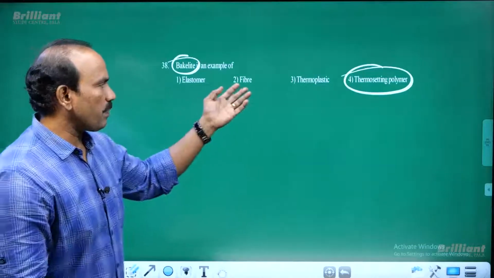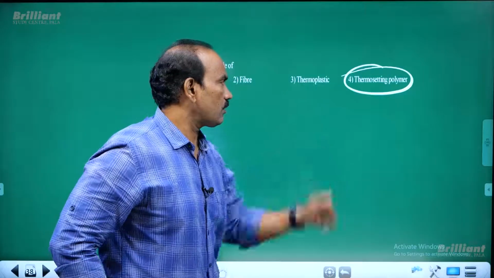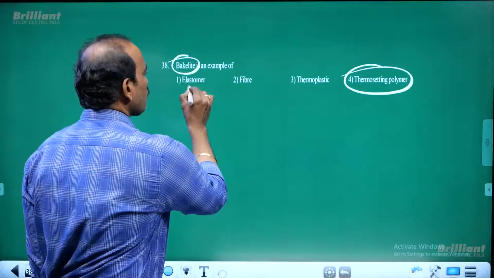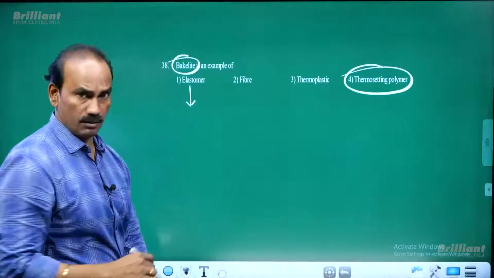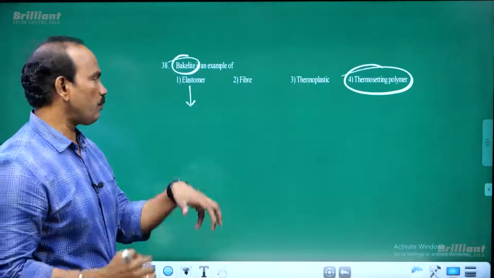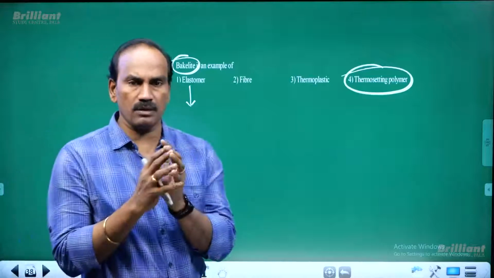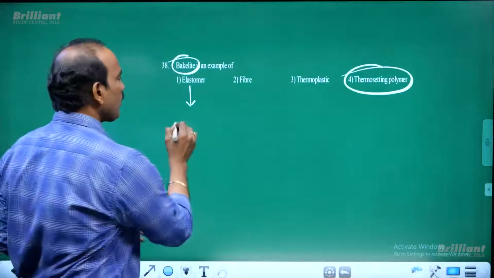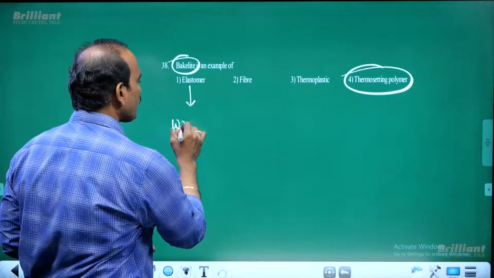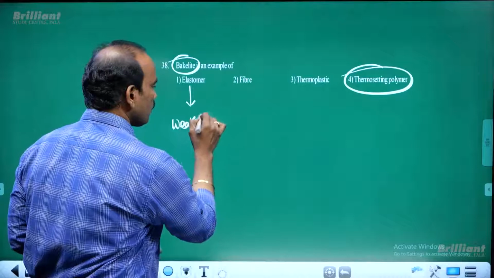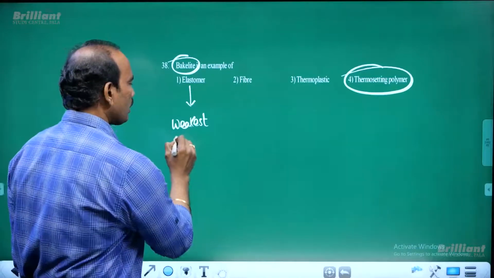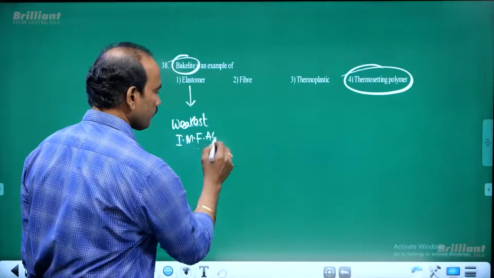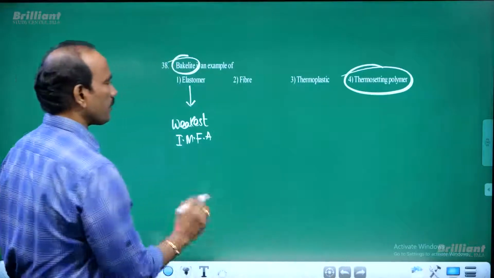What is the elastomer, fiber, thermoplastic and thermosetting? What is the elastomer? Elastomers are those polymers in which the polymer chains are held together by weak van der Waals forces, that means the weakest intermolecular forces of attraction.